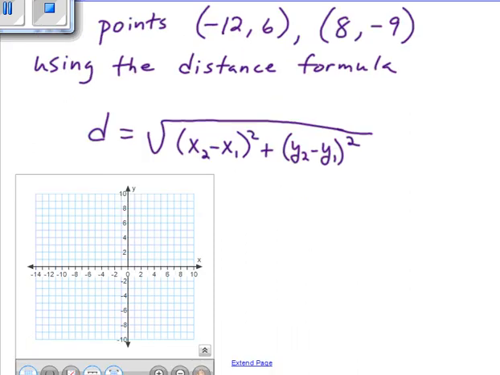Okay, I apologize to those of you in my red class. We won't have the point -12 on there, so just go off the graph a little bit. So -12, 6 is the point right here. And 8, -9 is this point all the way down here.